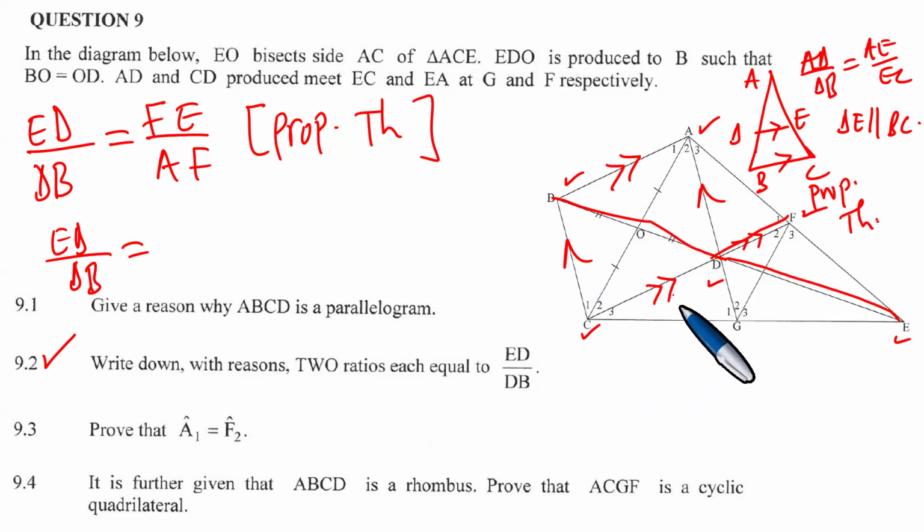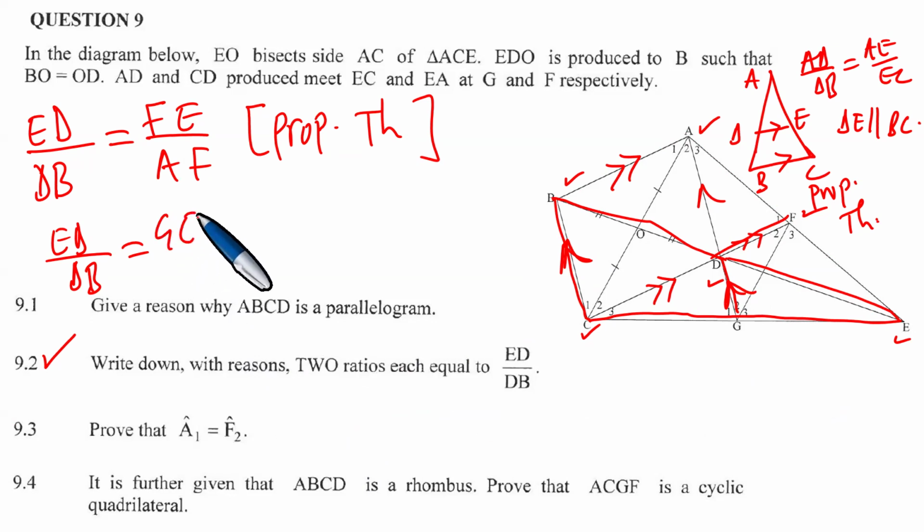Because you already have this one parallel to this, ED over DB is equal to GE over CG.